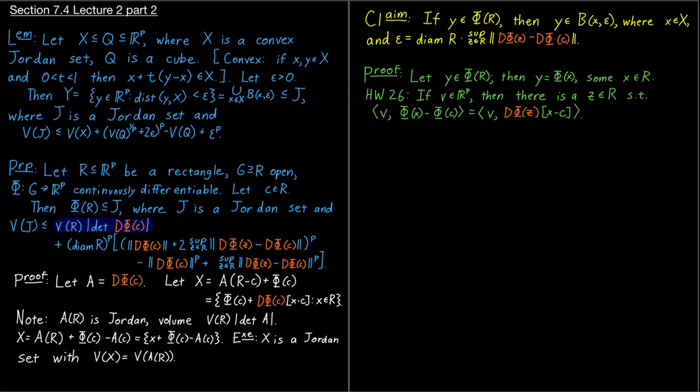This is the closest you get in higher dimensions to the mean value theorem. Remember, the inner product with v is a linear function. So if I feel like it, I can subtract off a constant here, d phi of c applied to x minus c. That's the inner product of v with this thing minus this thing.